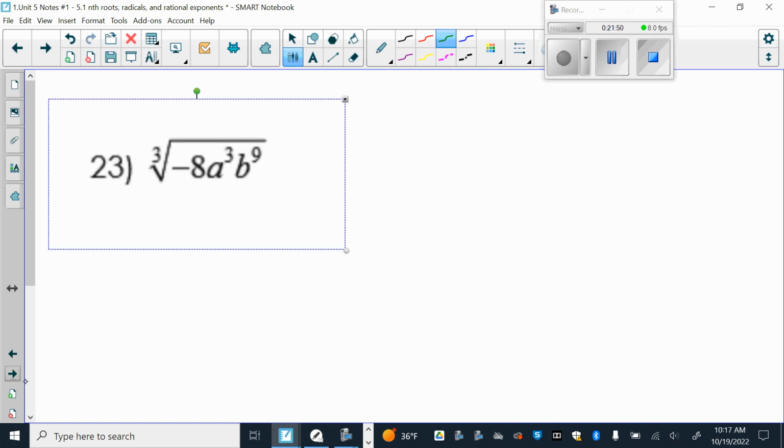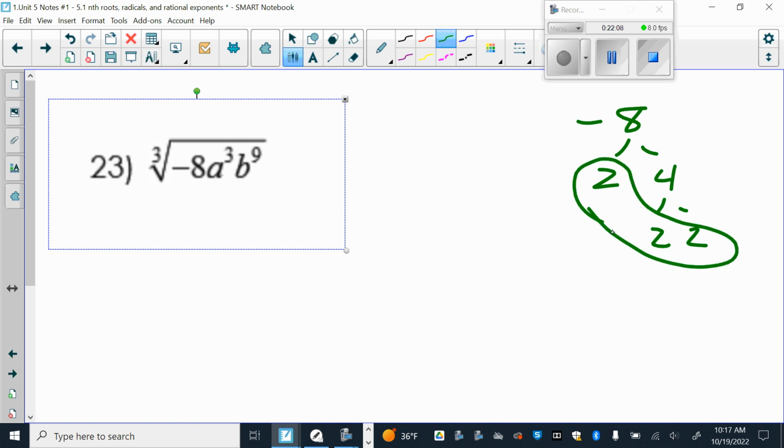All right, 23 is the cubed root of negative 8, a to the third, b to the ninth. So again, simplifying the cubed root of negative 8. 8 is 2 times 4, which is 2 times 2, so 8 is 2 to the third.